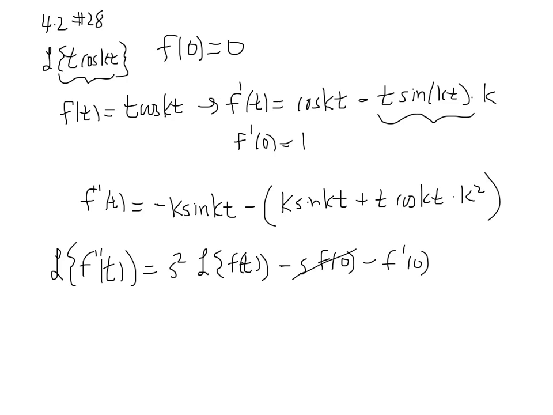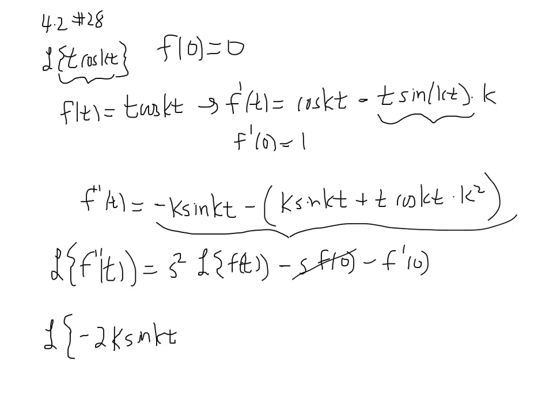So we're going to have the Laplace transform of this whole thing, which is the Laplace transform of minus 2k sine kt minus t k squared cosine kt, is s squared times the Laplace transform of what we were looking for from the beginning, t cosine kt.